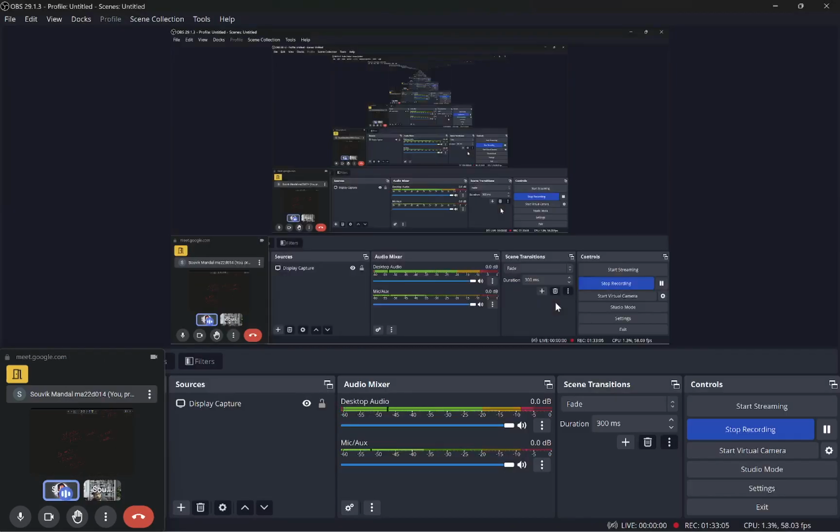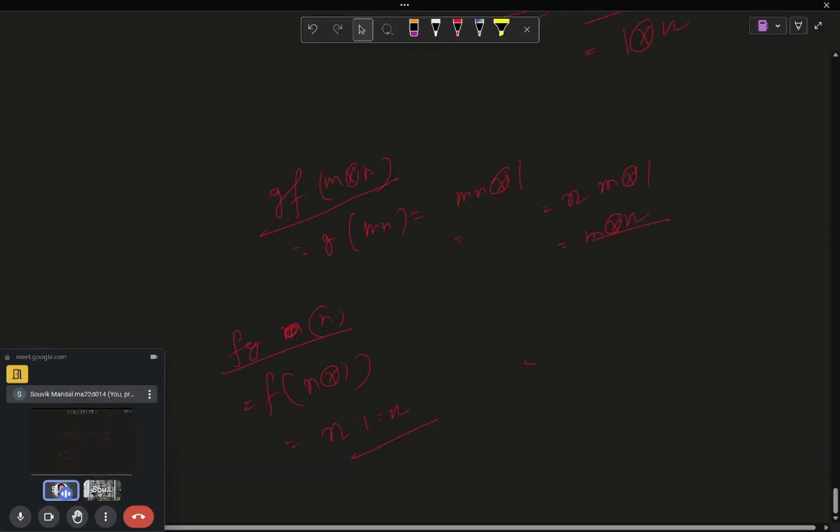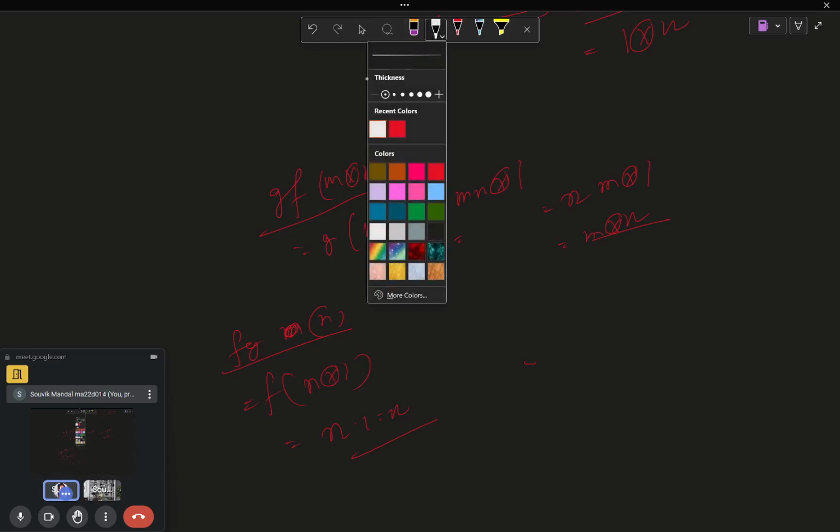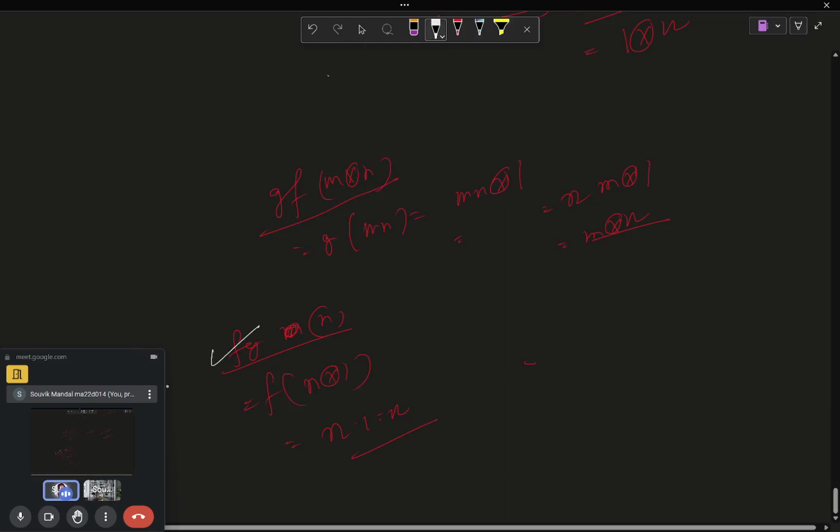You have shown that g compose f of m tensor n is equal to m tensor n, but the reverse direction? Okay, okay. Do you understand?